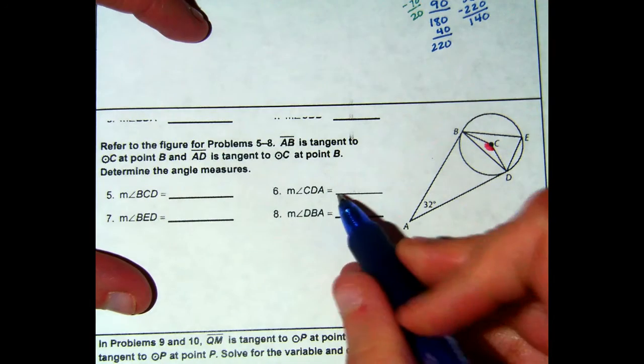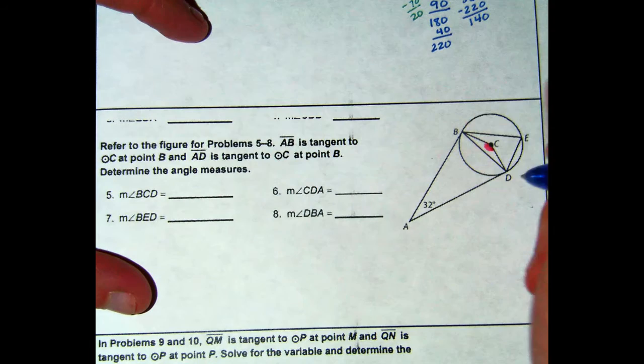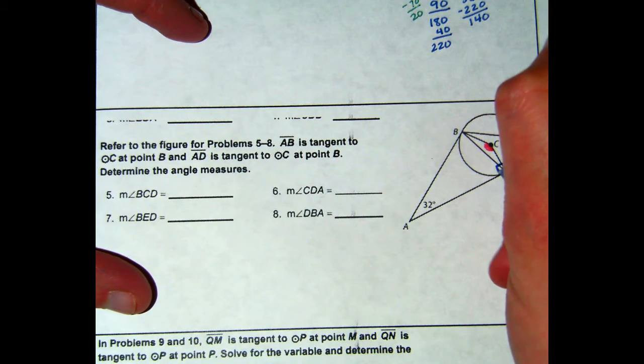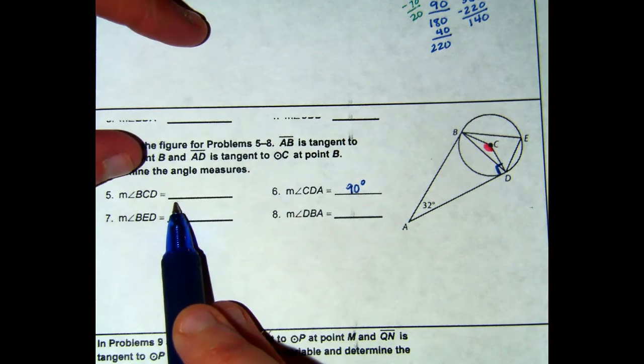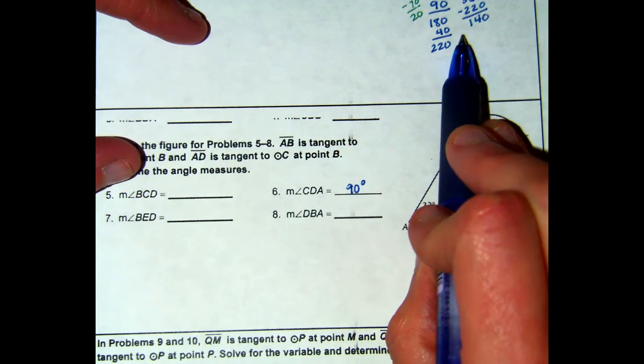Let's move on and try 6 next. The measure of angle CDA, what is that? That's 90 degrees. So that will definitely help us find number 5, which we'll do since it's a quadrilateral.